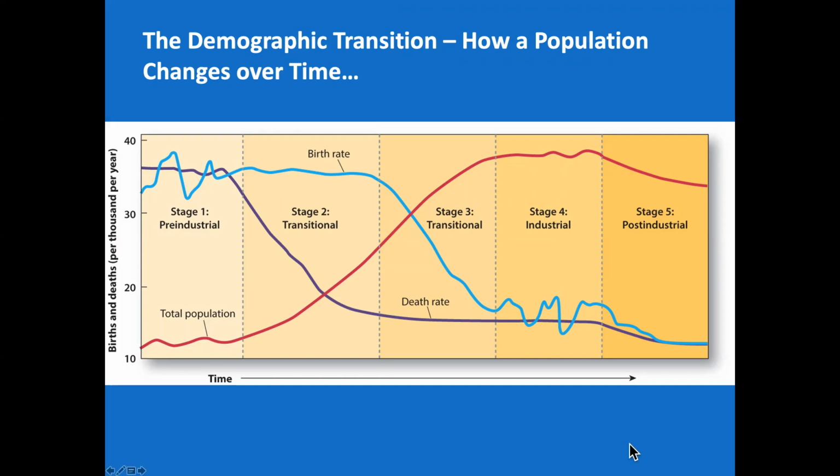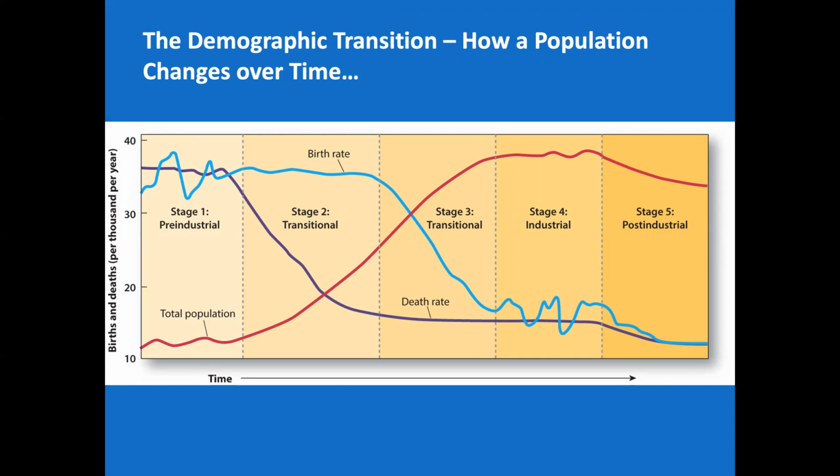So you're looking at birth rate and death rate compared to one another, and if there's a big difference, the population grows. If the difference begins to get smaller and smaller, the population grows, but it slows. In some cases, you reach a stage of break even.